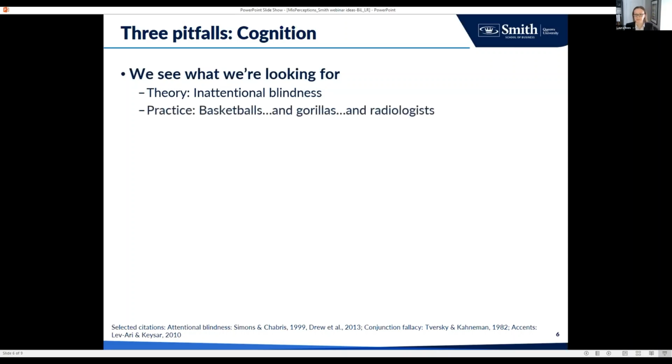One of the most popular studies done on this, and many of you probably have seen these videos, and it's been replicated in many different ways over the years, is a study of basketballs and gorillas. So you say, what does this have to do with cognitive processing and perception and misperception? It's just a really simple illustration of how we process what we're seeing and how we actually find what we're looking for.